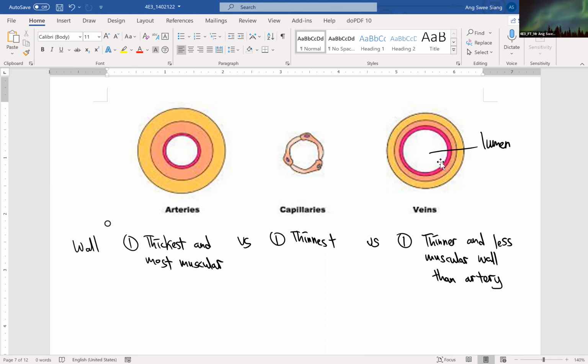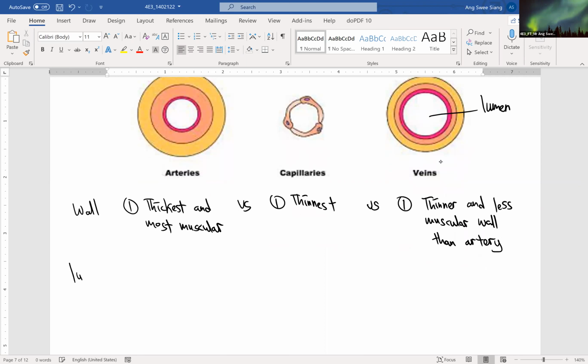If we look at the lumen, obviously capillaries have the smallest lumen. Veins have the largest lumen. Arteries have a smaller lumen than veins.